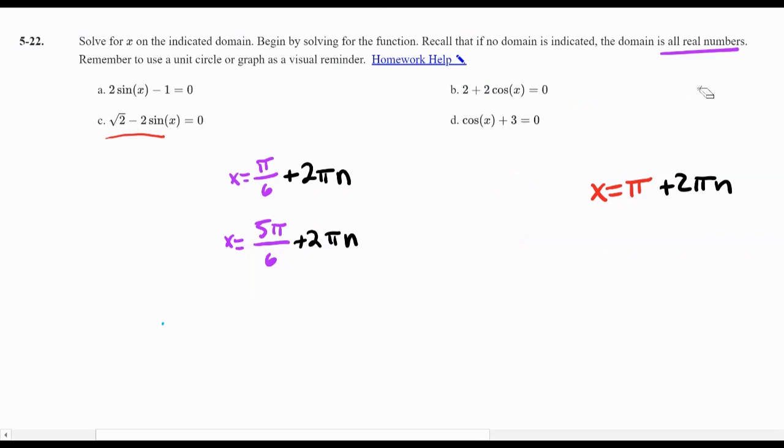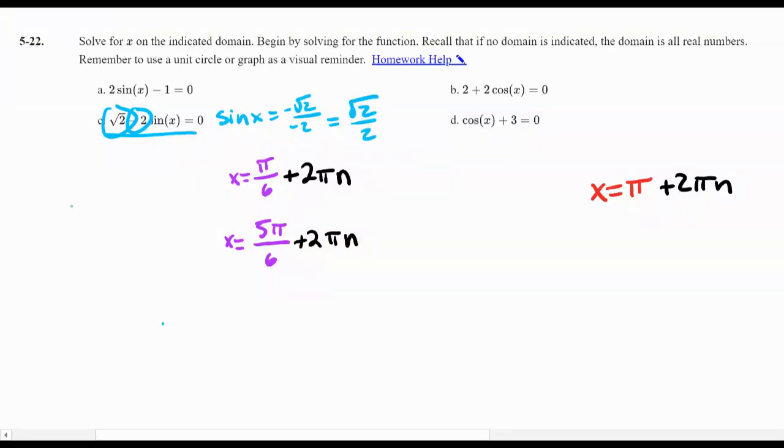For C here, same idea. I'm going to solve for sine first. So I'm going to subtract the square root of 2, divide by -2, which just gets me positive root 2 over 2.